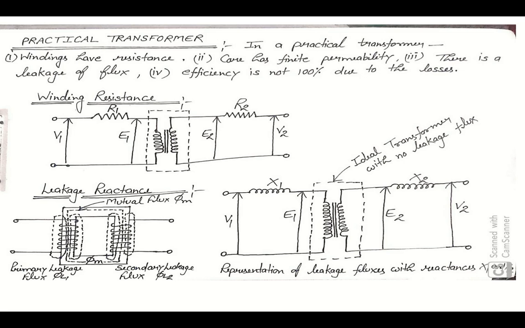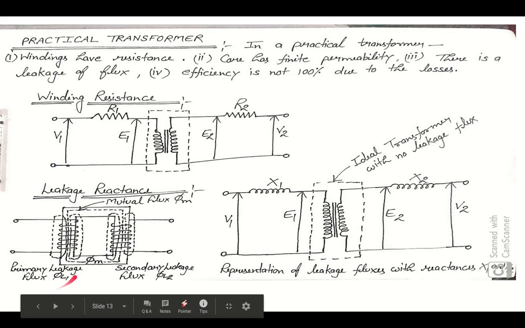This small portion of the flux which traverses an external path is known as primary leakage flux. It is denoted by phi L1.